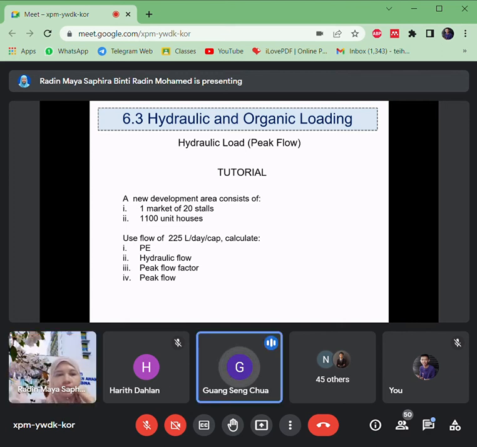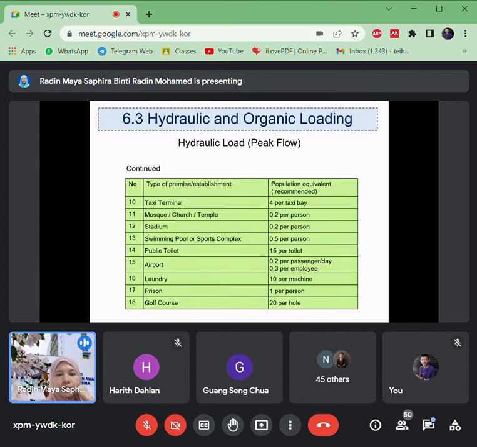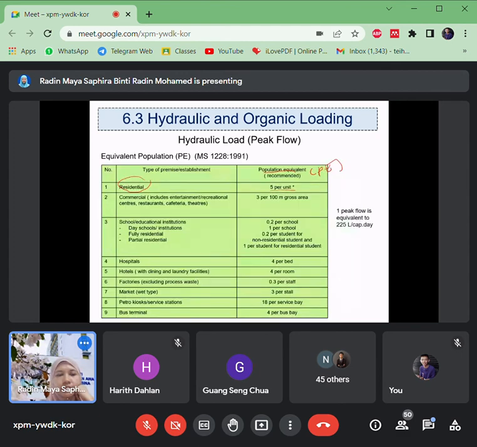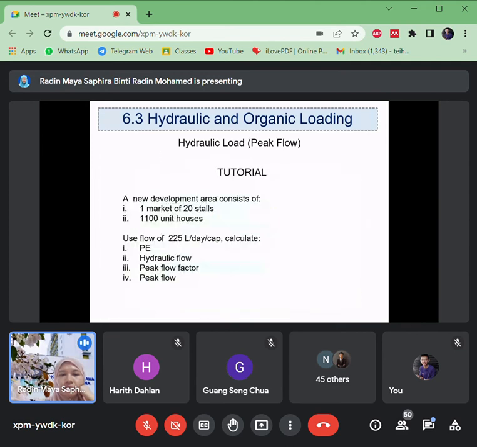We look for the population first. For one market with 20 stalls, find market. Where is it? This one, right? Number 7, right? So 3 PE per stall. How much PE is required for 20 stalls? That means 20 stalls times 3 PE. Correct? I'm the one giving the answer now.